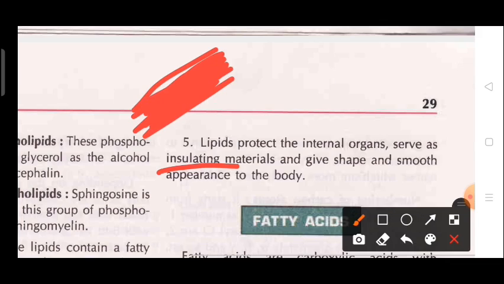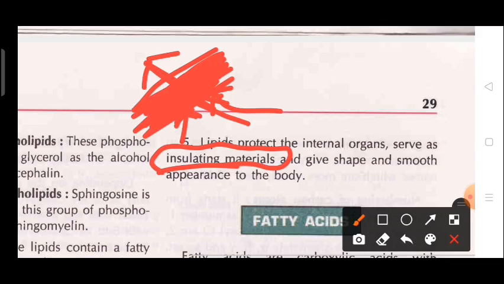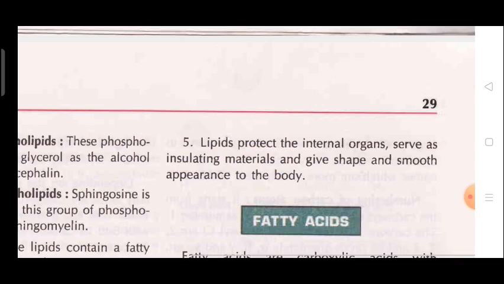It acts as an insulator. The organism will not lose its temperature and is protected against the cold condition. In this way it acts as an insulating material. So this is about lipids.